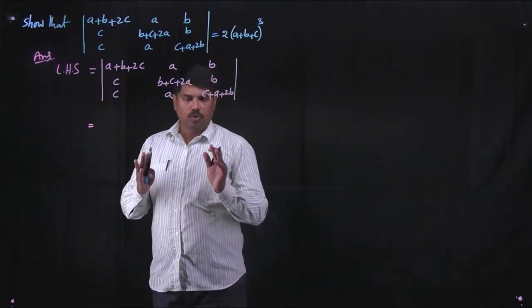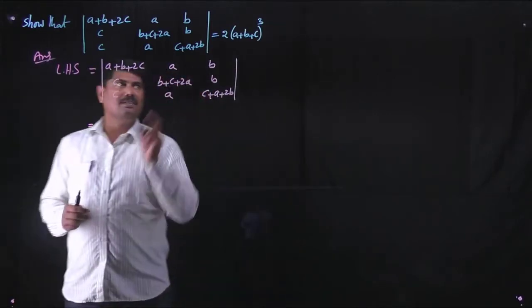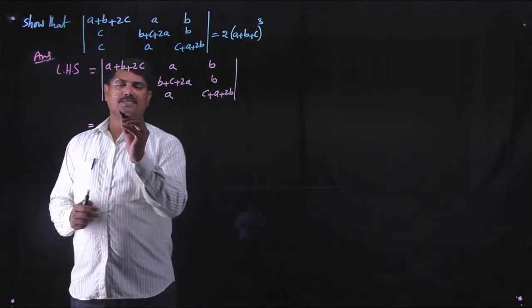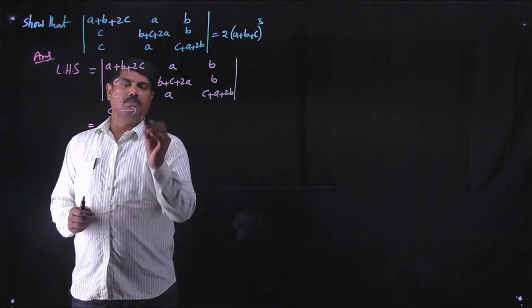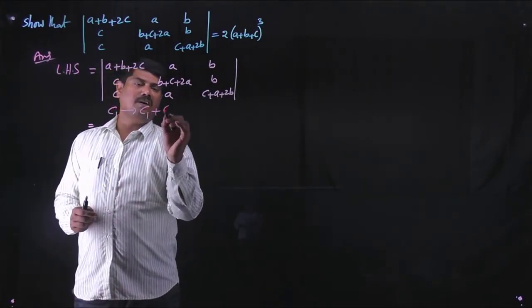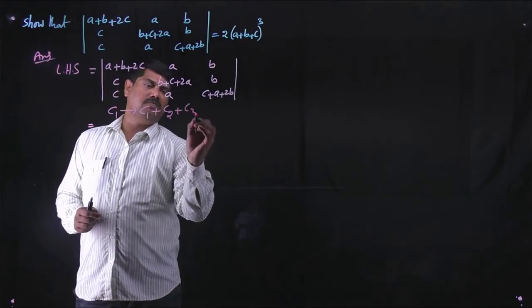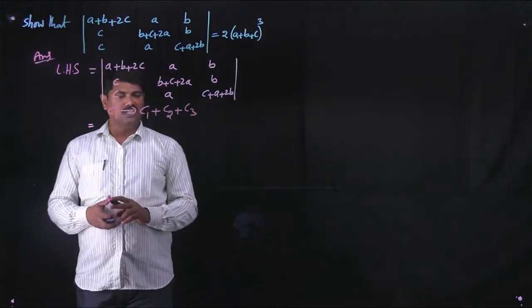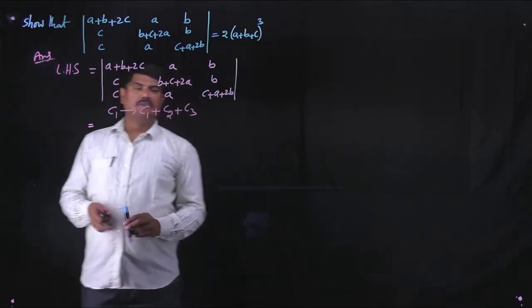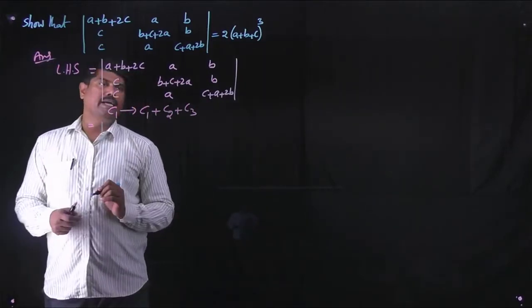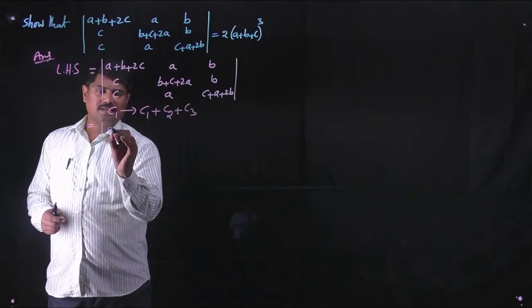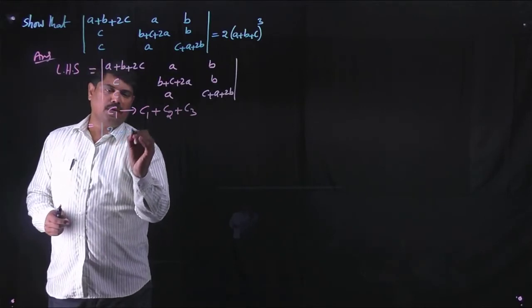You have to add columns to get the required a plus b plus c as a factor. That's why I am changing the first column as the sum of the elements of all columns, c1 as c1 plus c2 plus c3. So what is the value we get? Adding, you will get this one as 2a plus 2b plus 2c.